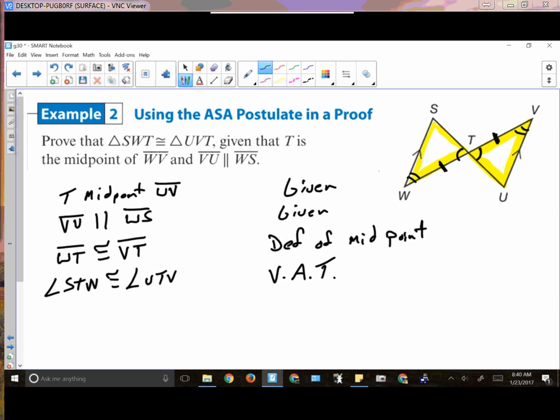What was the next thing that we said? Okay, now I'm going to stop you there for a second. The reason why I went STW is because if I said angle T, how many angle T's are there possibly going to be there? 4.